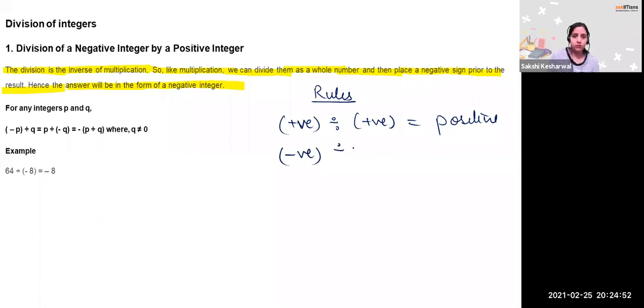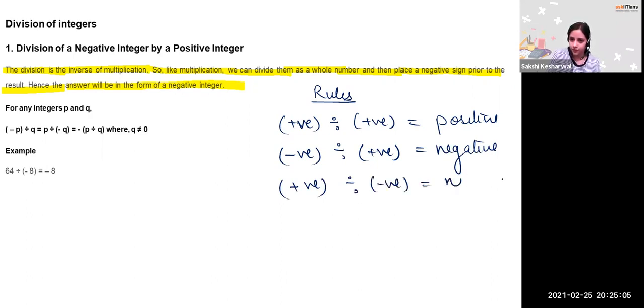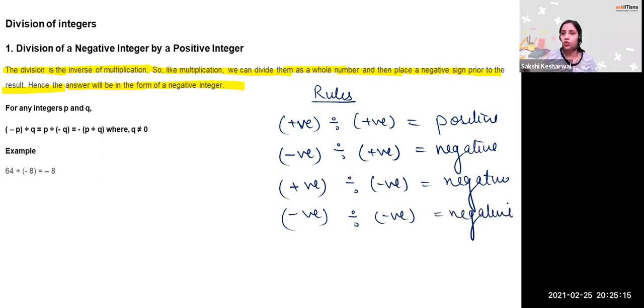Negative divided by positive, your answer will be what, beta? Negative, right? Positive divided by negative, your answer will be what? Again, negative, right? And negative divided by negative, your answer will be what? Positive. That's it. That's the rule, right? Same as multiplication.